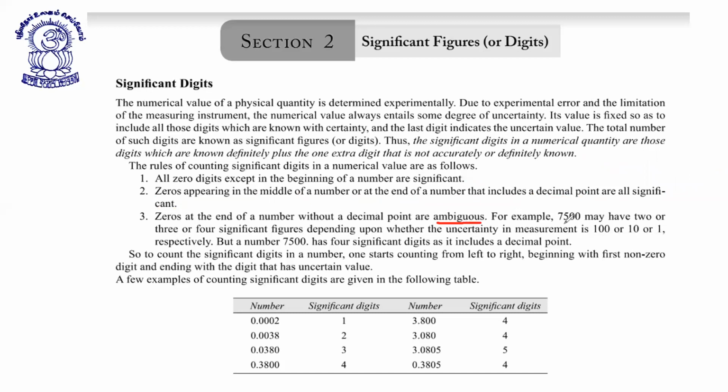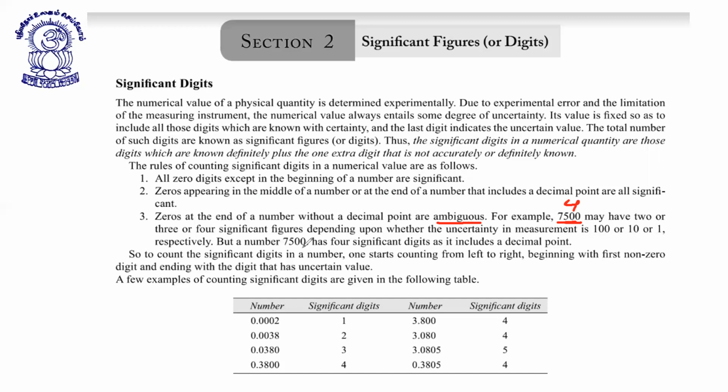Zeros at the end of a number without a decimal point are ambiguous. For example, 7,500 may have 2, 3 or 4 significant figures. If we take only 75, it is 2 significant figures; 750, 3 significant figures; 7,500, 4 significant figures, respectively. 7,500 may have 2, 3 or 4 significant figures depending upon whether the uncertain measurement is 100, 10 or 1 respectively.